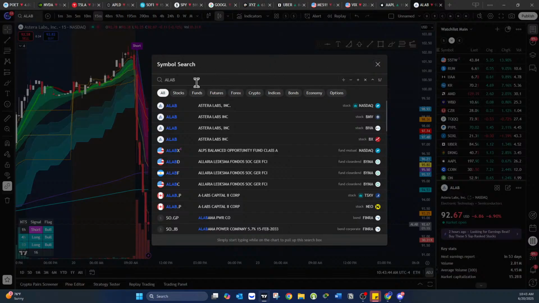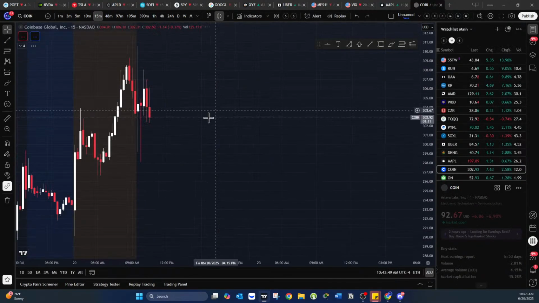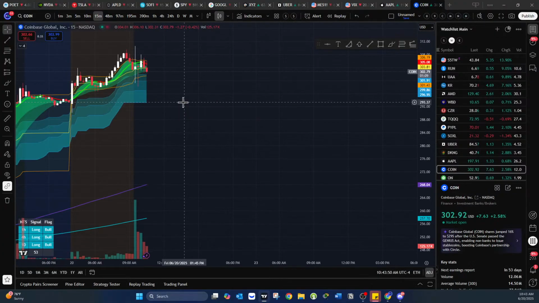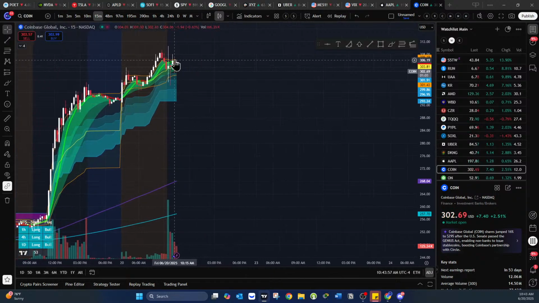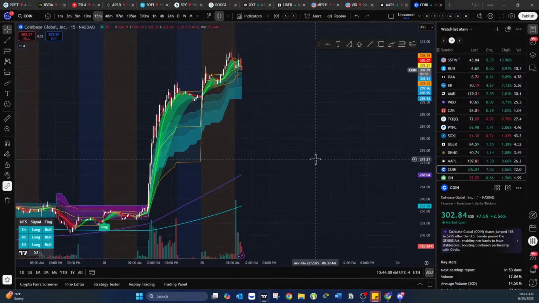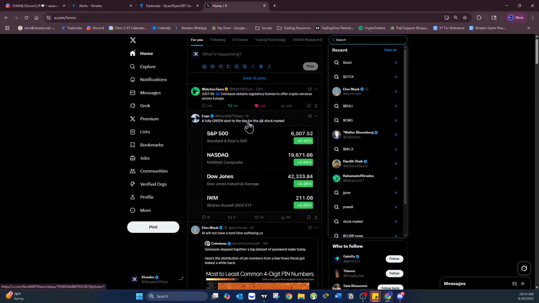I don't know, something had to happen with this ticker, my friend. 302. Wow, I'm surprised Coinbase didn't get a huge candle there. It probably was rumored already before.